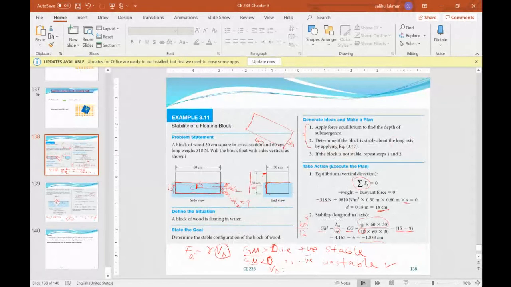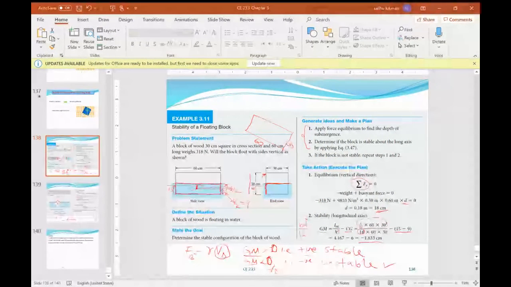I also downloaded another document here with some good solved problems on stability. Let me share that.